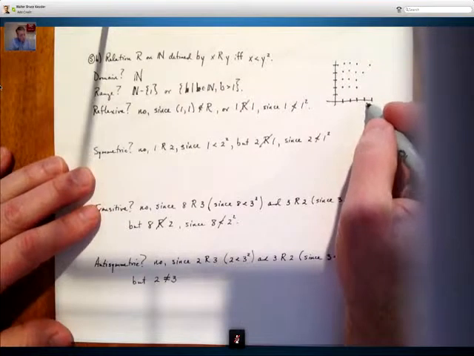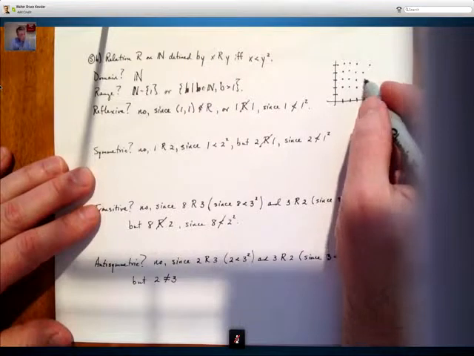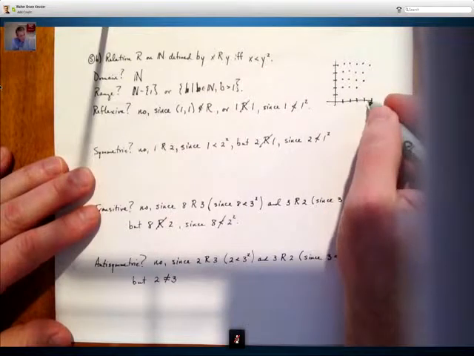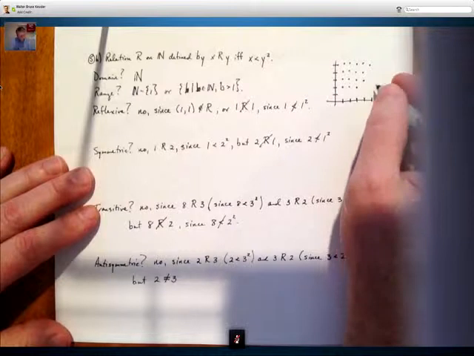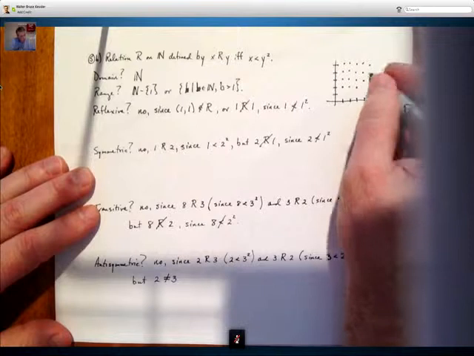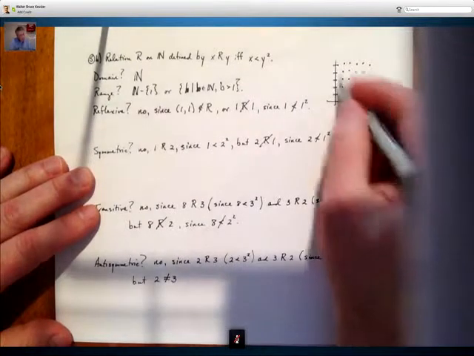And then at 4 is not less than 2 squared, but it's less than 3 squared. And then 5 is less than not 2 squared, but 3 squared. And so on and so on.